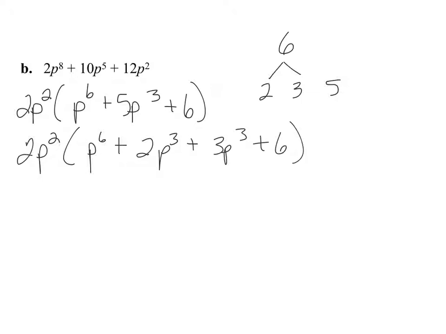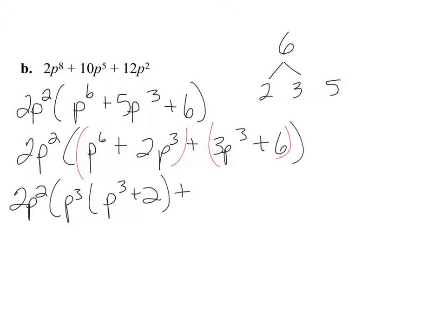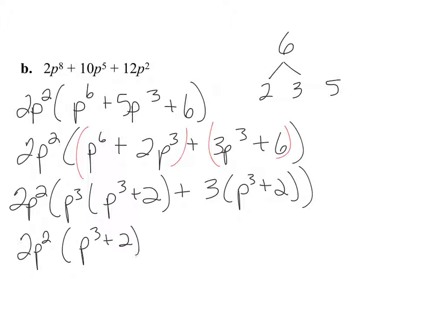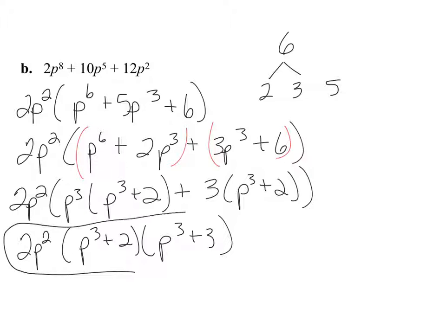And then I can factor by grouping. This first one, I can take out a p to the 3rd. I have p to the 3rd plus 2 left, and a 3, p to the 3rd plus 2. So now I'm going to group those, p to the 3rd plus 2, and p to the 3rd plus 3. That's not too tricky, because we've learned how to factor by grouping, which makes it a bit easier.